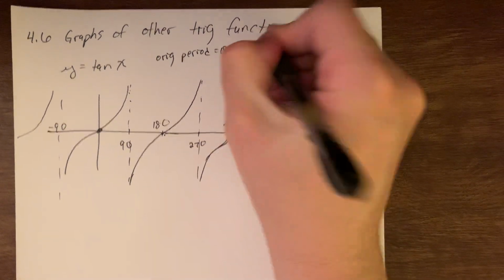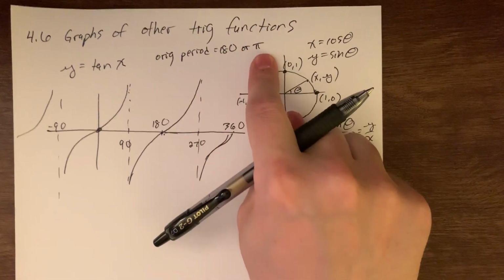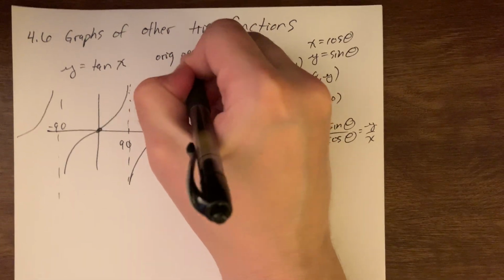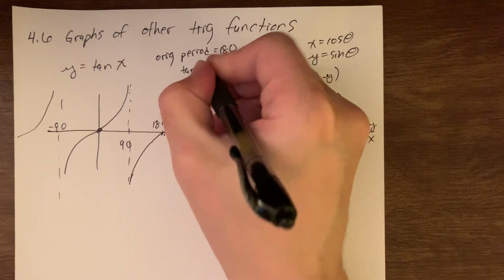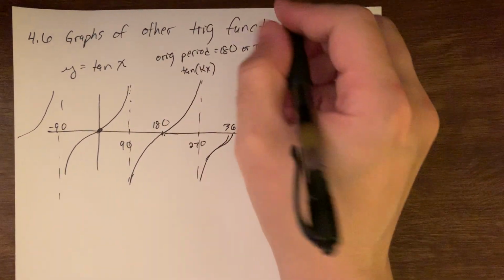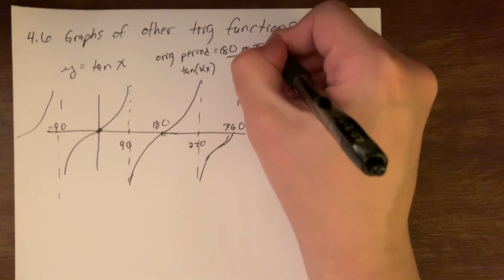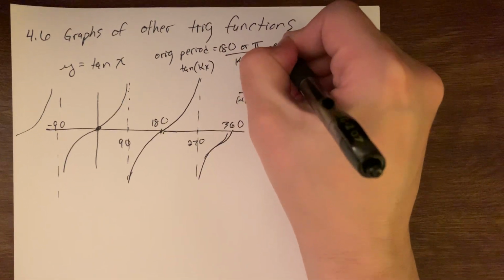Or again, pi. Pi is 180 if you're using your radians. So we'll still have the whole idea, tangent of kx. That k will influence the period, and we'll do the original period divided by k to give us the new period.